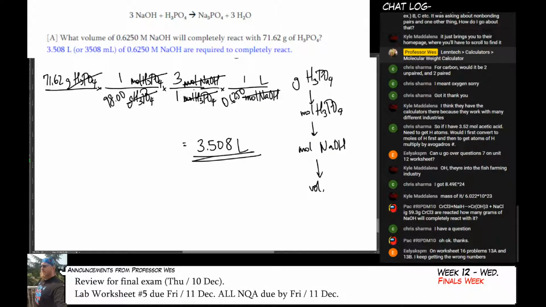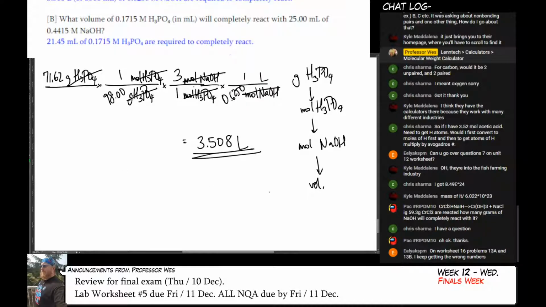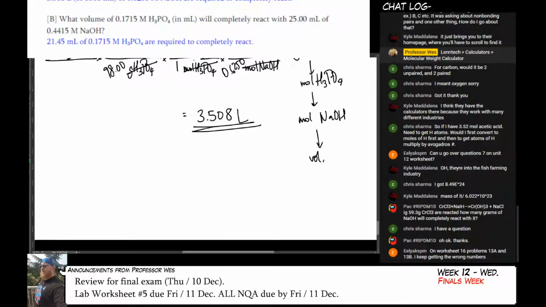Can I get B on the screen without having to reformat this window? Yeah, there we go. And then what volume of this will react with this? So this is a... Uh-oh. Hold on. We gotta do this again. Anchor... Make it twice as big.